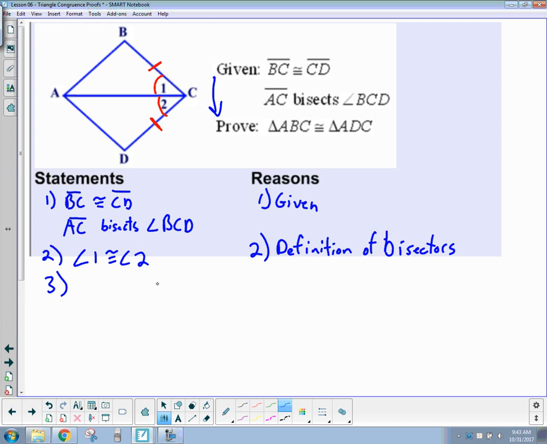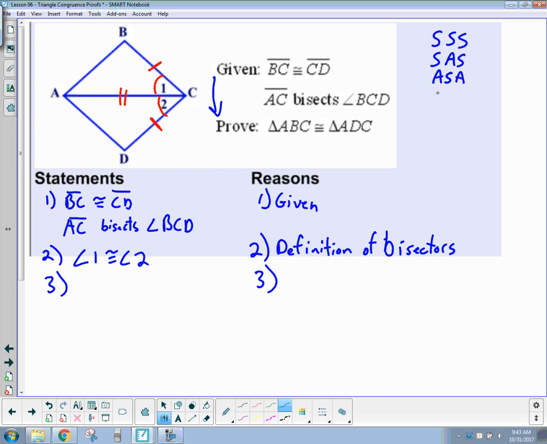So, third thing, let's see. We have a side and angle, and look, I think we can mark this side because of the reflexive property. Because remember, we're trying to prove congruent triangles. We need to be working toward one of these 5 postulates.